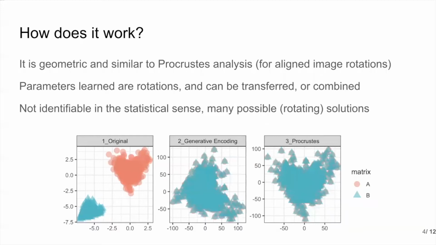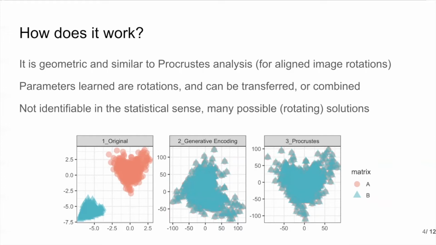Well, it's very similar to a method called Procrustes, which is a geometrical method that aligns images via rotations. If we look at the image on the left, we can see a red heart shape and a blue heart shape.